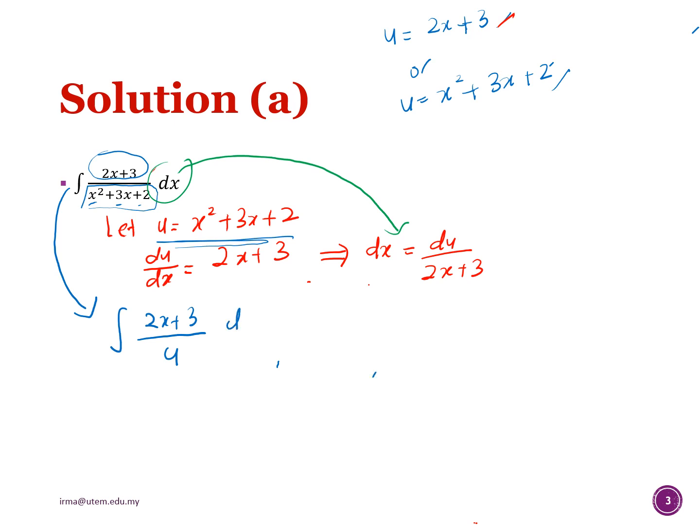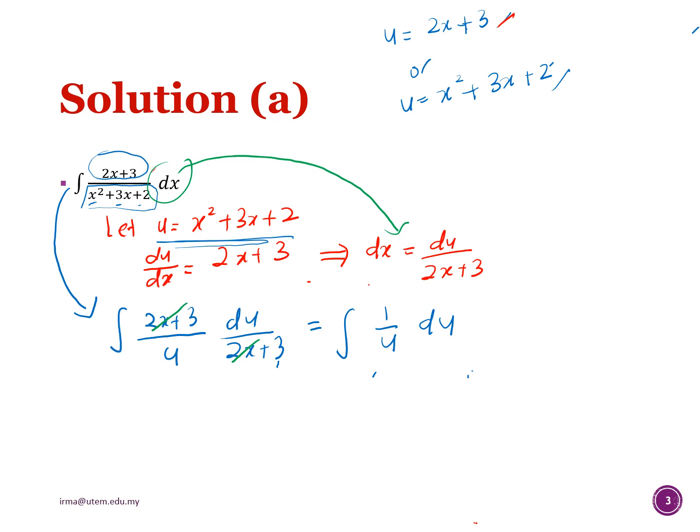So we have du over 2x plus 3. If you look at the function in the integral, we have u and x variables, right? But this 2x plus 3 can be cancelled out, and we will just have 1 over u du.